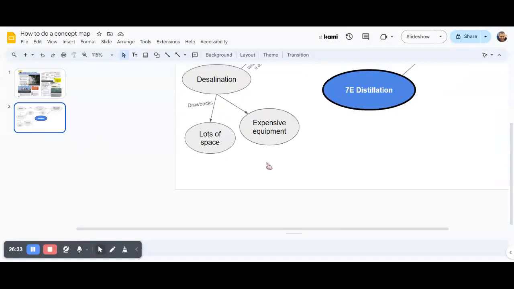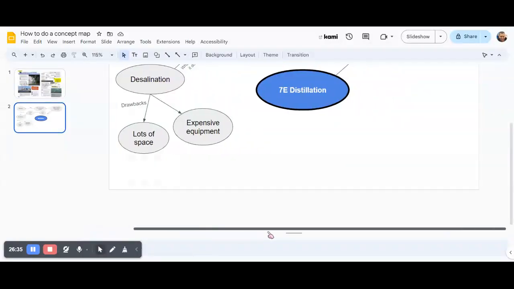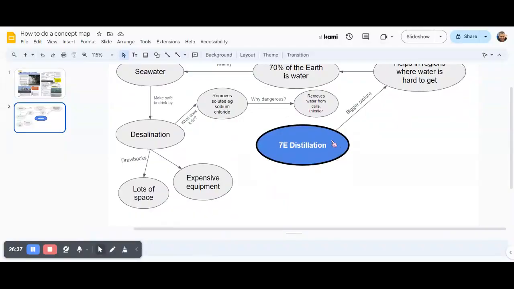Right. So this is actually the central theme. What does it do? Removes solutes. Then I can link this here, so I've linked it back to my central idea.